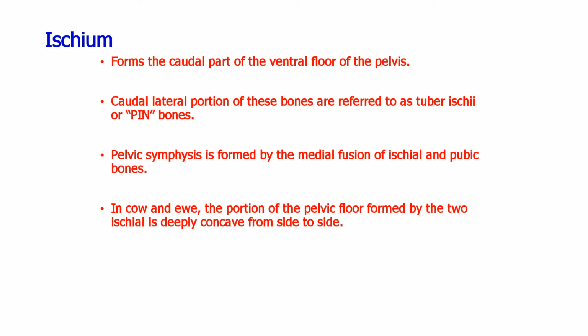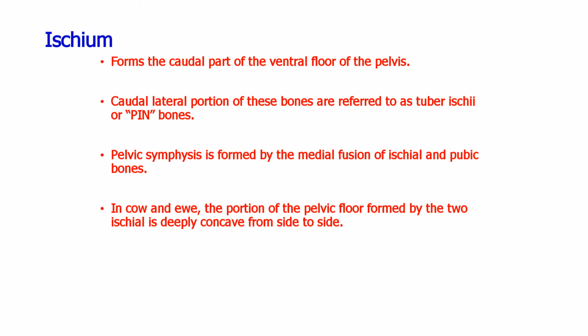Ischium forms the caudal part of the ventral floor of the pelvis. Caudal lateral portion of these bones are referred to as the tuber ischii or pin bone. Pin bone, as you can see, this is called pin bone, and as I earlier showed you, here is the ilium, and this is the pin bone.